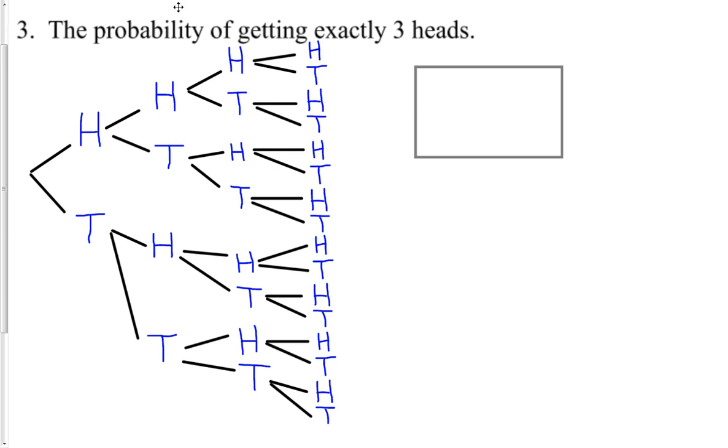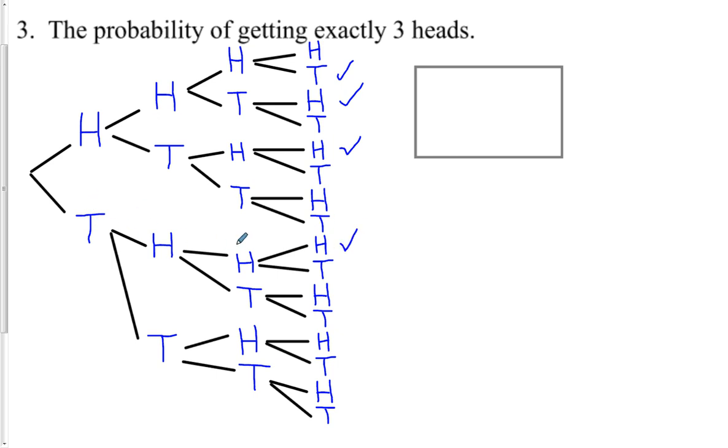So looking for the ones that are exactly 3, I'm going to mark the ones. Heads, heads, heads, heads, that's 4. Heads, heads, heads, tails, there's 1. Heads, heads, tails, heads, that was 3 as well. Heads, heads, tails, tails, no, it's only 2. Heads, tails, heads, heads, that was 3. Heads, tails, heads, tails, nope. Tails, heads, heads, heads, there's the other one.